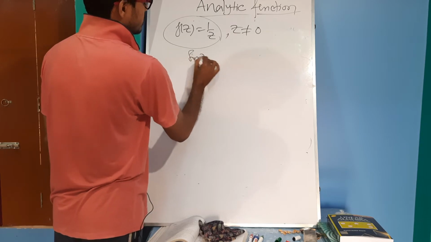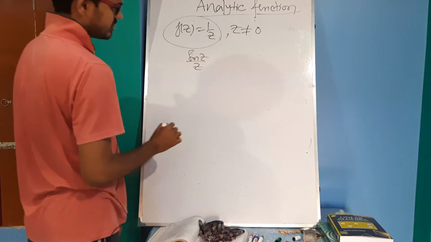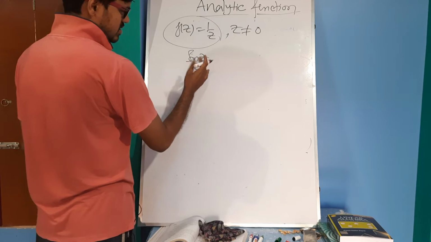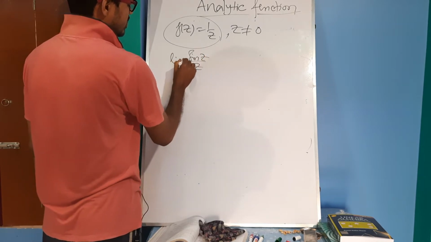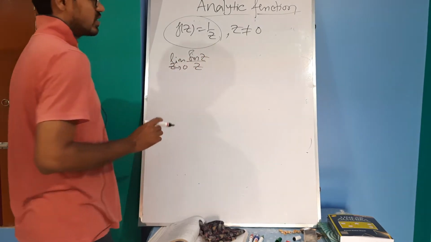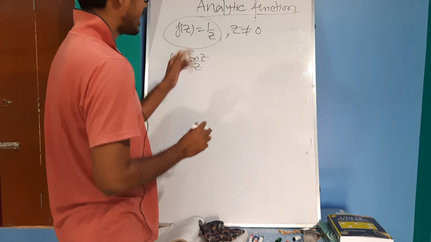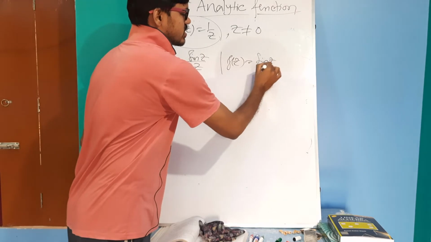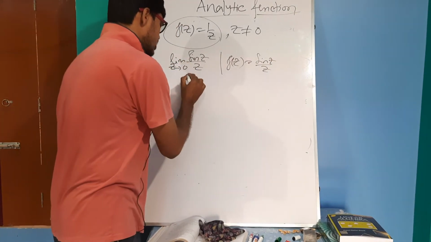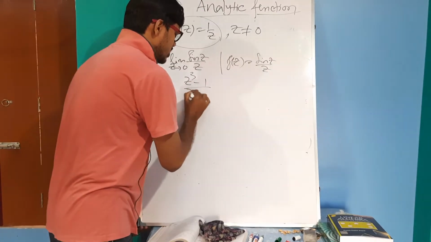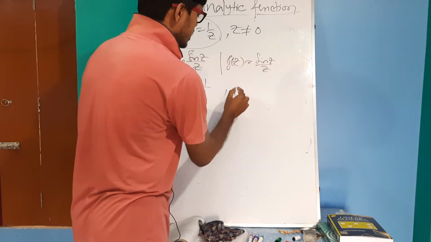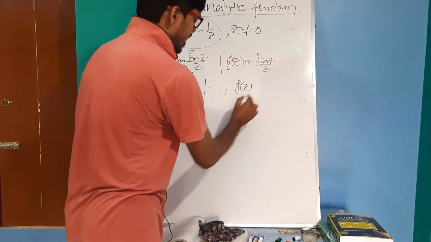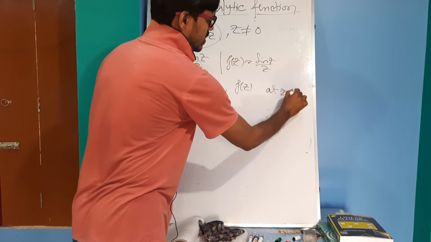Sin z by z: if you take the limit as z tends to 0, what about this? So at z equal to 0, is the function analytic? Take a simpler example, (z cube minus 1) by (z minus 1). In that case, is the function analytic at z equal to 1?